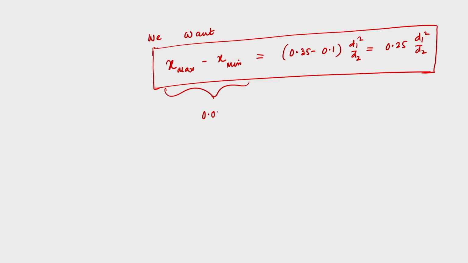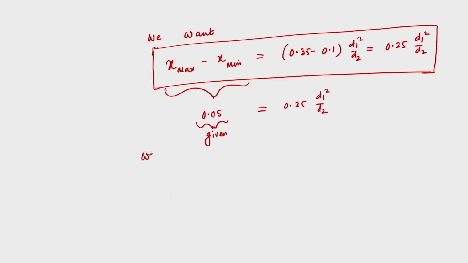So, this x max minus x min, that is 0.05, it is given, and that is 0.25 d1 square by d2.